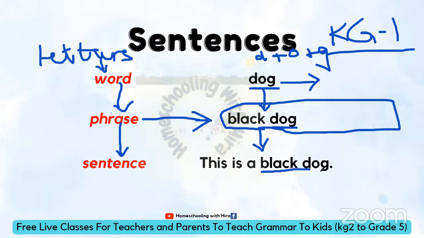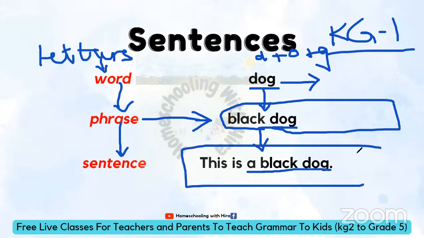Black dog is here, or a black dog, is a phrase. This is a black dog. With the help of some other words, we converted a phrase into a sentence, which gives us a complete sense. It means there is a dog nearby and you're telling somebody that this is a black dog.